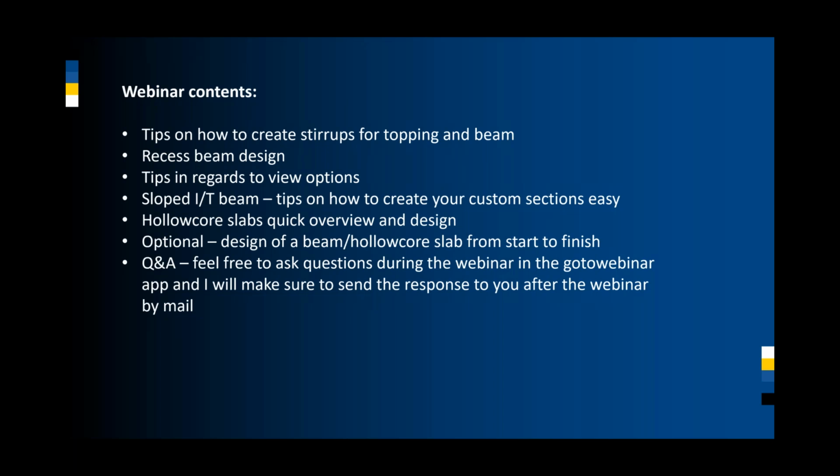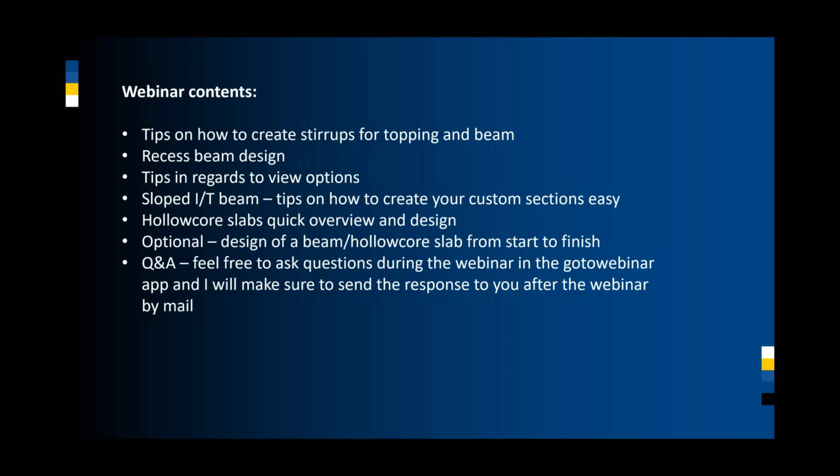Then some tips in regards to view options. Then we will take a look at the sloped beam, and I will give you some tips on how to create your custom sections.